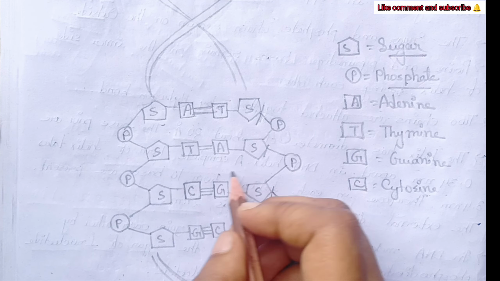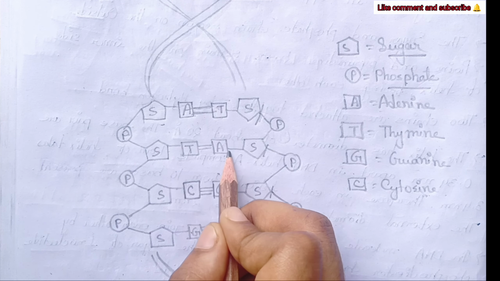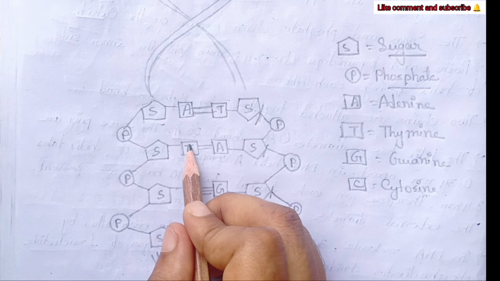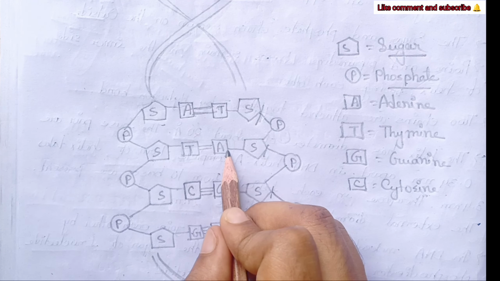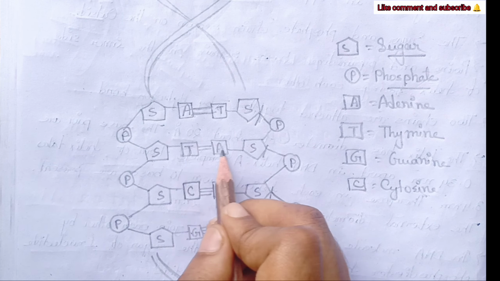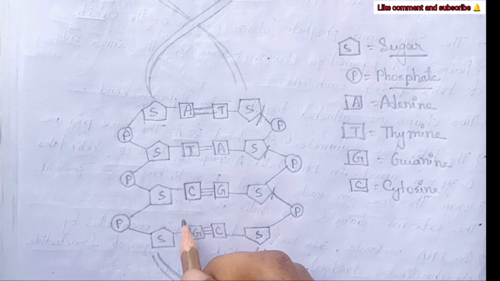The second structure is almost the same, only the bases are different from each other. In this one there is a thymine, and in this structure there is an adenine, which bond with a double bond to each other and form a structure.